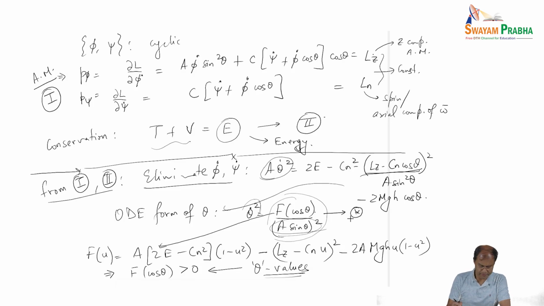Okay, so then suppose the maximum or the minimum of theta occurs when, of course, the derivative of f theta is 0.